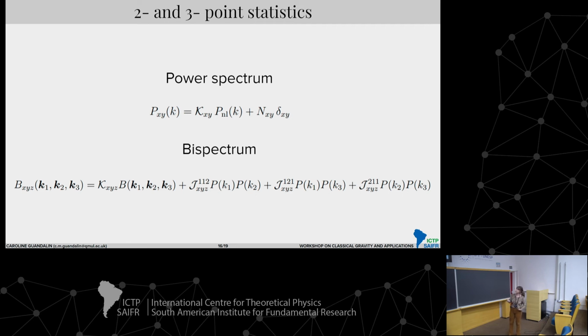For the bispectrum, we have the dependence on the power spectrum that appears here, these combinations, and you also have the intrinsic primordial bispectrum, if you have some non-Gaussian initial conditions, for example. And these will carry dependencies on the linear bias and higher order biases that you have in your large-scale structure.